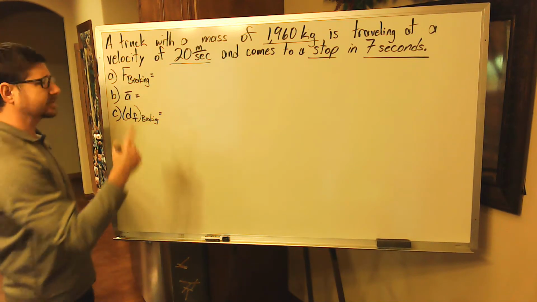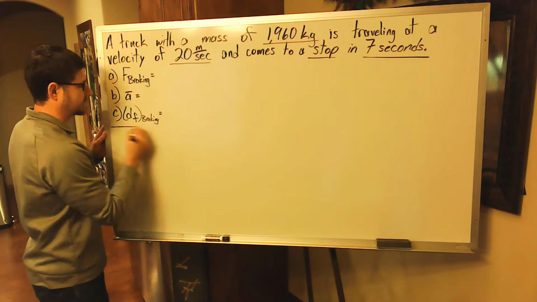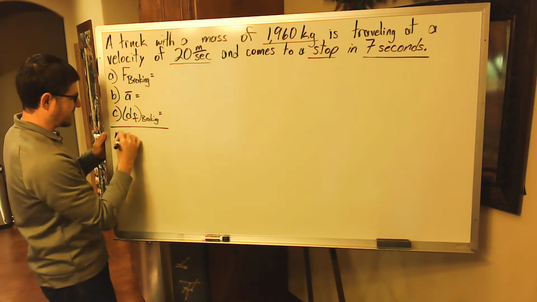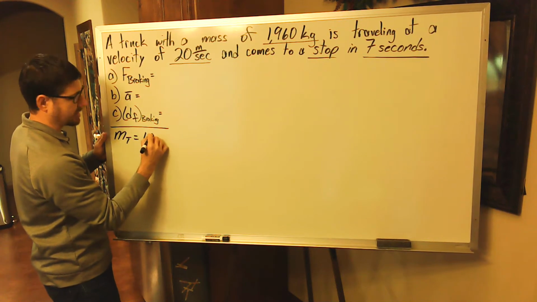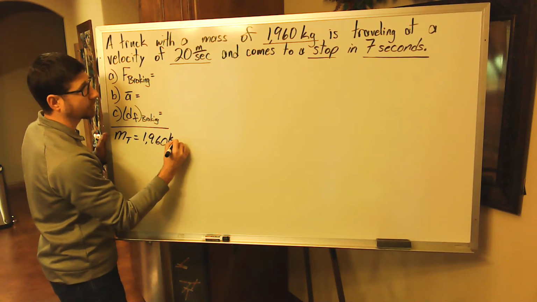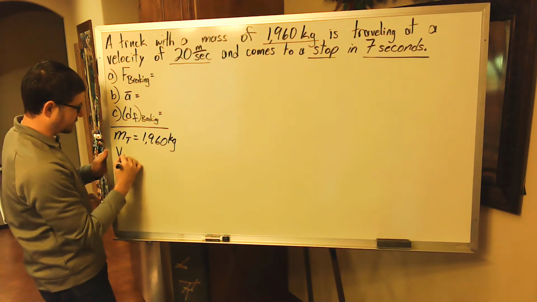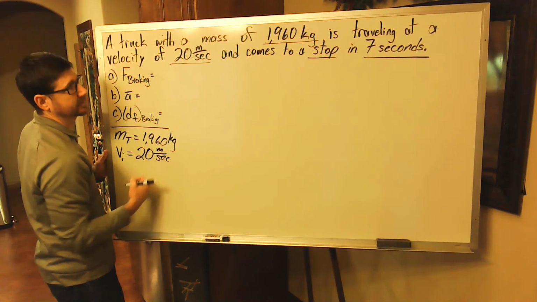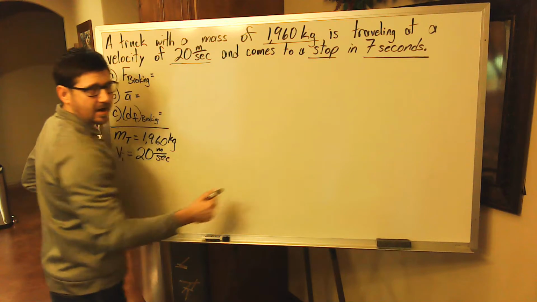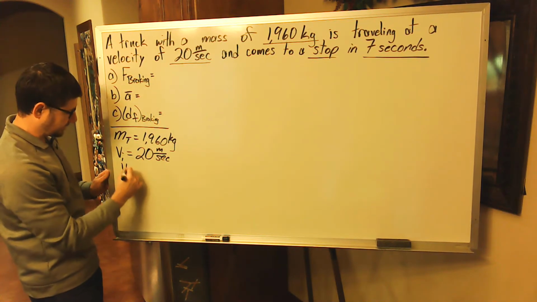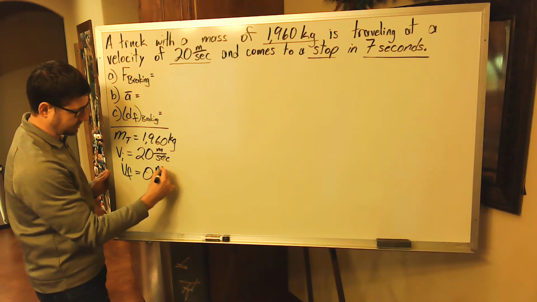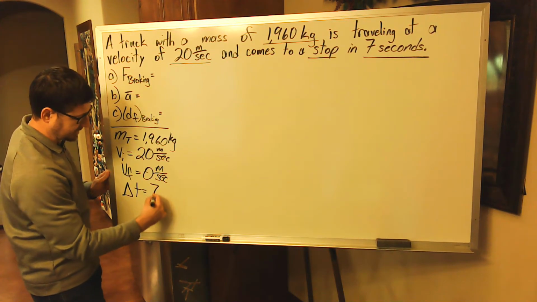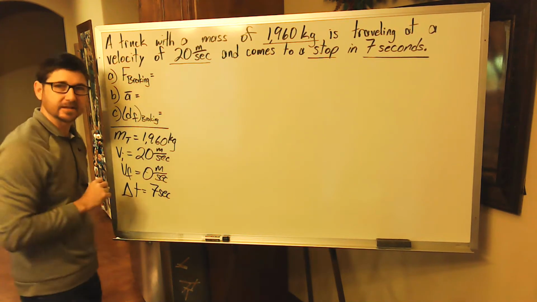Let's go ahead and generate a column of knowns. We underlined some important information here. The mass of the truck is 1,960 kilograms. The initial velocity is 20 meters per second. It comes to a stop, so the final velocity is 0 meters per second, and our time interval is 7 seconds.